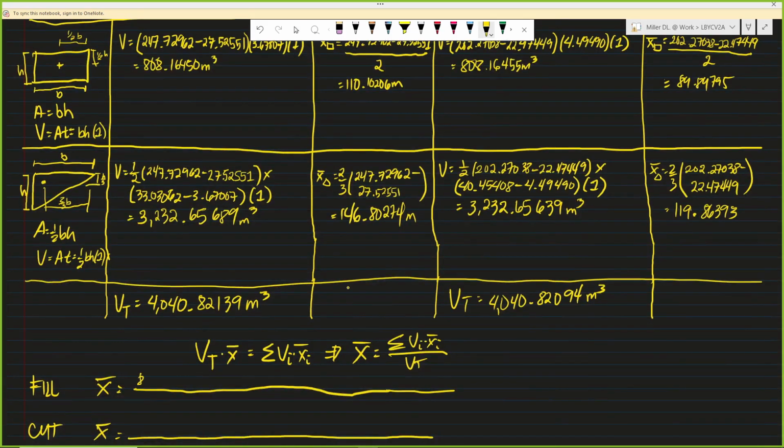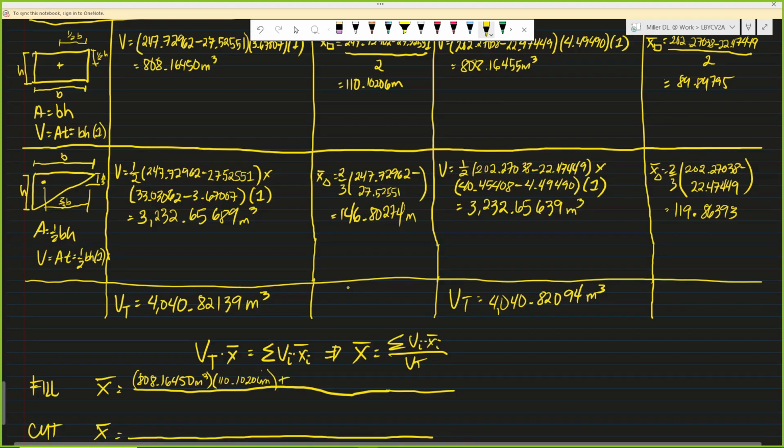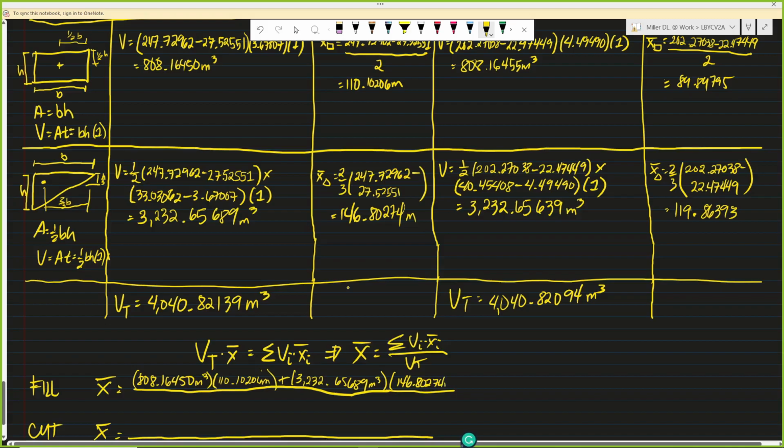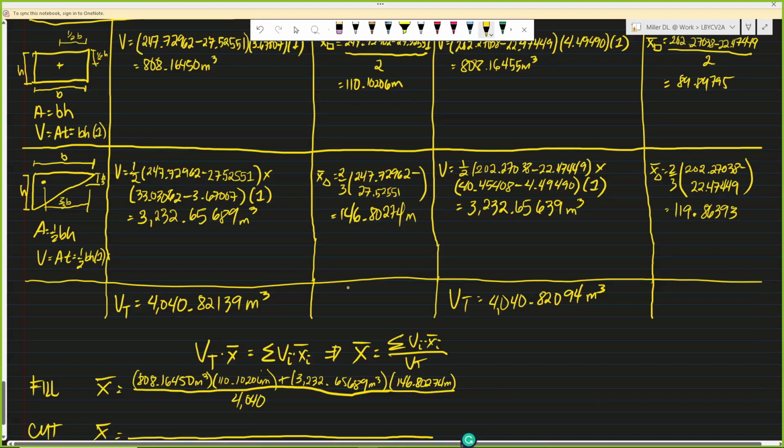So, we have 808.16450 cubic meter multiplied by its centroid, which is 110.10206 meters, plus yung triangle, which is 3,232.65689 cubic meter multiplied by its centroid, which is 146.80274 meters all over the total volume, which is 4,040.82139 cubic meter. Okay, kindly solve that.